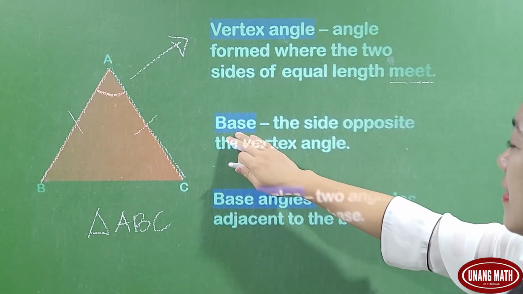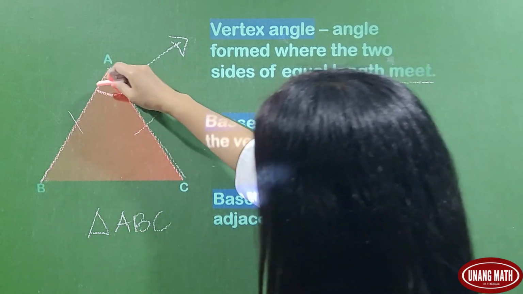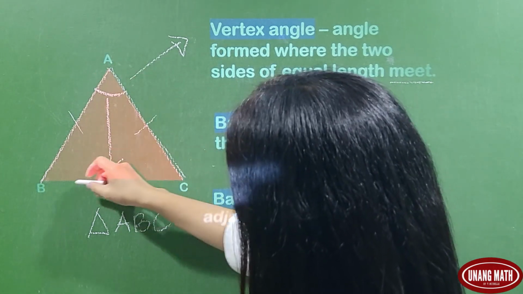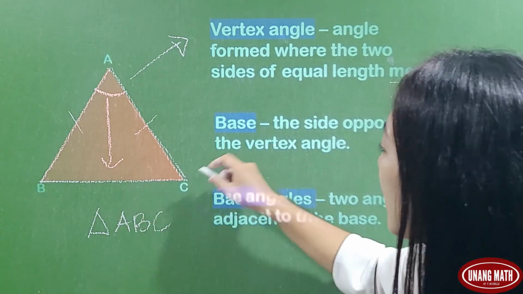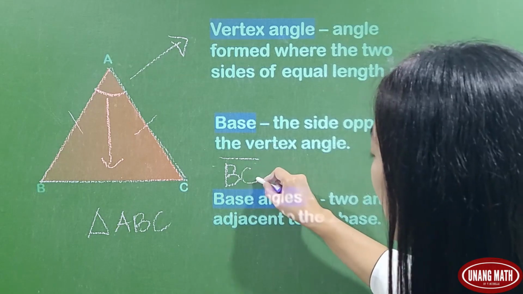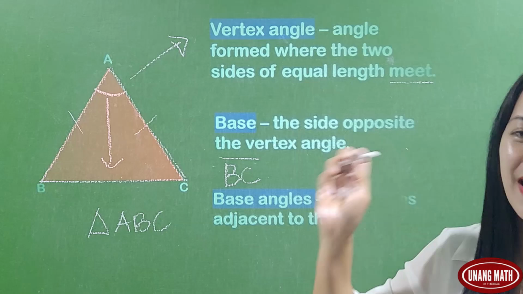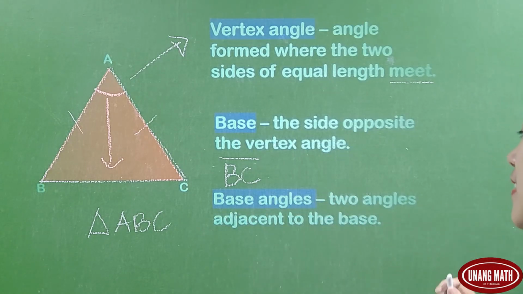How about the base? Base is the side opposite the vertex angle. If this is our vertex angle, the side opposite to this vertex angle is this side BC or segment BC. So segment BC is the base of this isosceles triangle. Okay, how about the base angles?